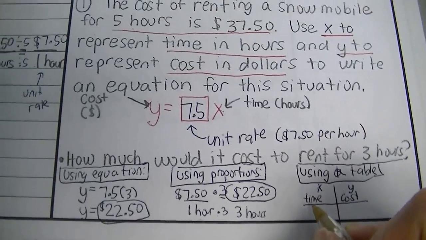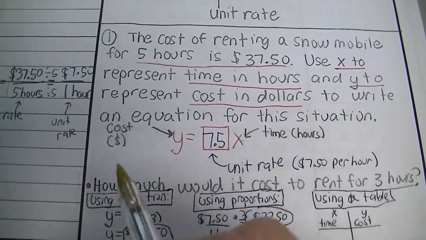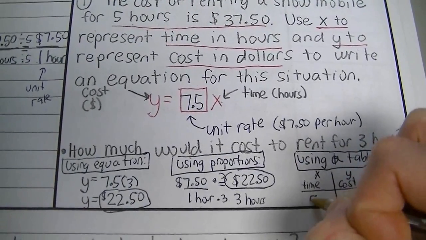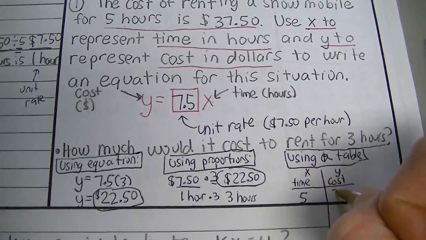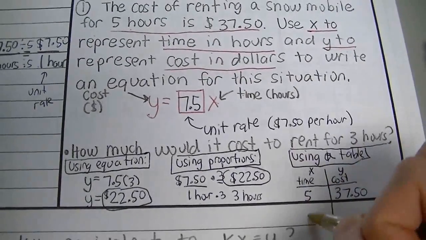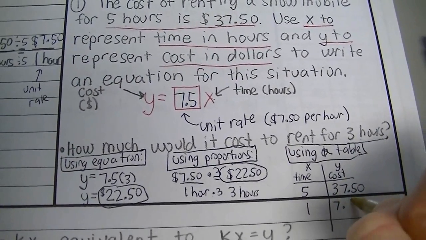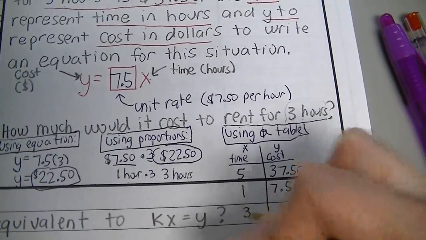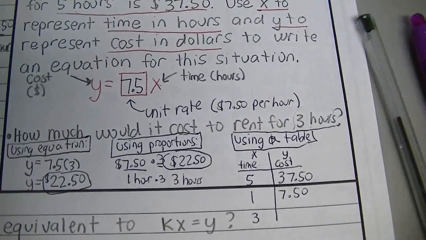Okay, so the information they gave me was, well, for 5 hours, it costs $37.50. For 1 hour, we found was $7.50. And they're curious about right there 3 hours, so I'm going to put a 3 right there, and we're going to find its corresponding y value.